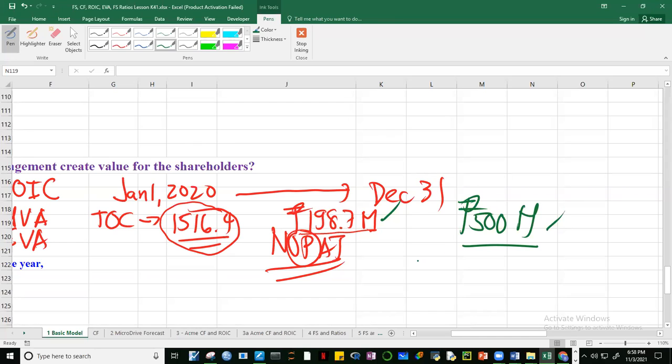Their NOPAT was 500. This is our company. We generated an operating profit of 198.7. Our competitor generated 500 million. So which is the better company, guys?